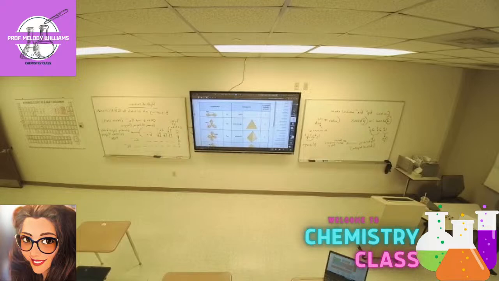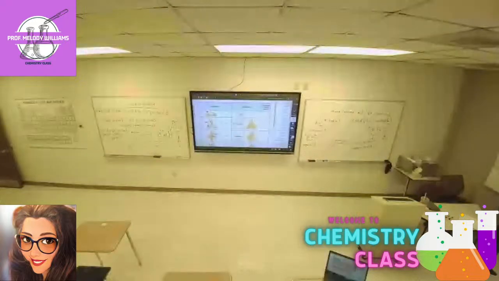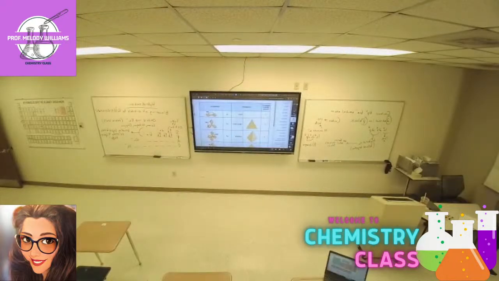Okay, so three areas. Well, maybe we have one case where it's something like this. It has a shape like that, where we've got a hydrogen, and maybe a double bonded oxygen.